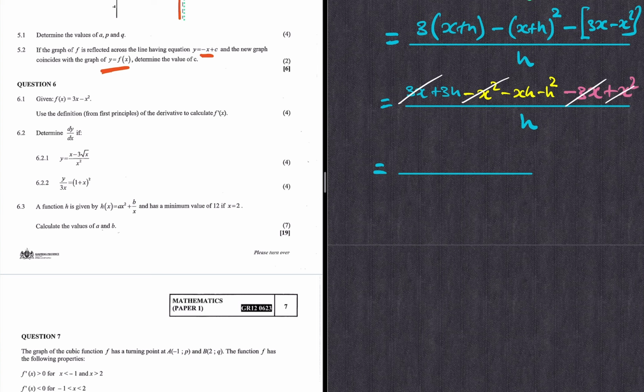Oh, I think I made a mistake here. This should be minus 2x. Okay, when you expand that very carefully, be very careful. So now we have 3h minus 2xh minus h squared. We have to divide this by h.